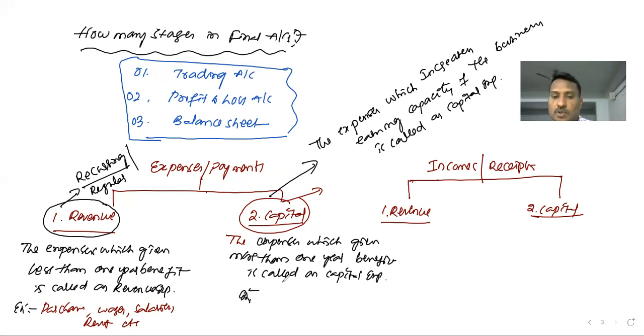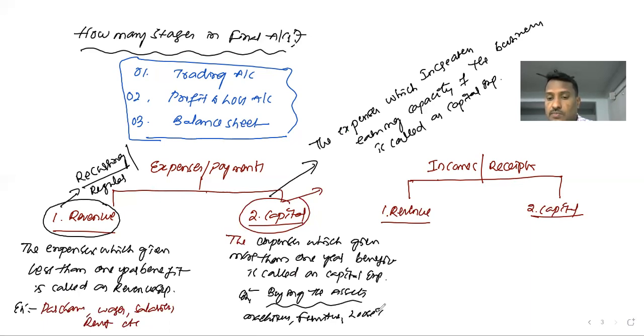For example, simply take buying assets. Assets means land, buildings, machinery, furniture, motor van, loose tools. These all give more than 1 year benefit.